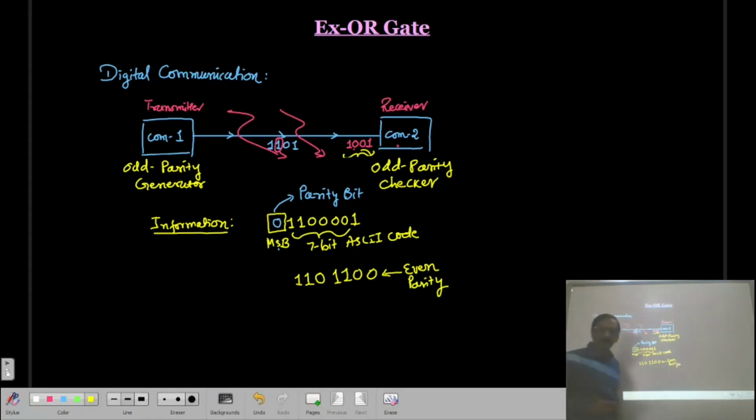I have to convert it into an odd parity. So what we can do here, whatever the MSB bit is there, in this MSB bit I will place a 1. So when you place this one, now you have an odd number of high levels. So this information is now converted into an odd parity.